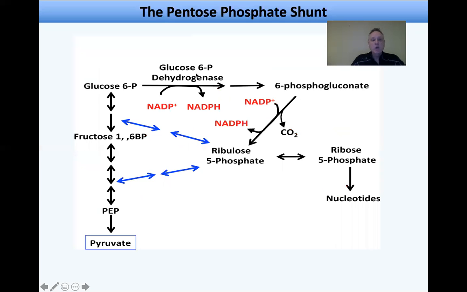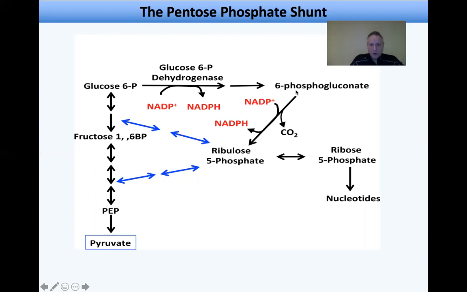And if we take a look at the Pentose phosphate shunt, what you do is you take glucose 6-phosphate and you oxidize it, and through its oxidation by glucose 6-phosphate dehydrogenase, you create NADPH reducing power. NADPH is used in several biochemical processes, including the synthesis of cholesterol and fatty acids. But one thing is that NADPH is not used in electron transport, it's only NADH.